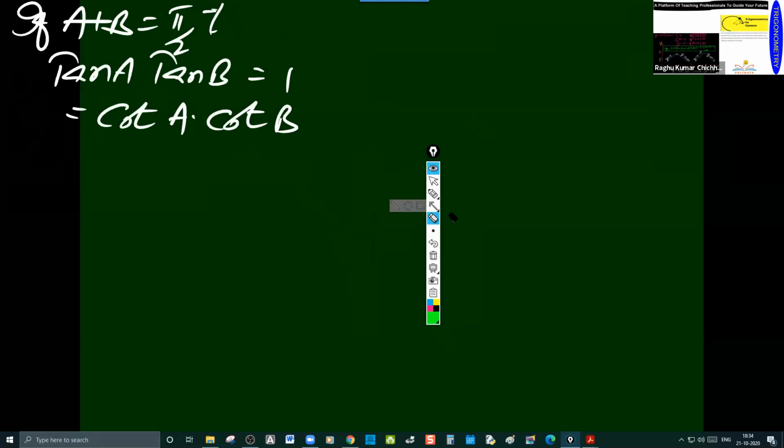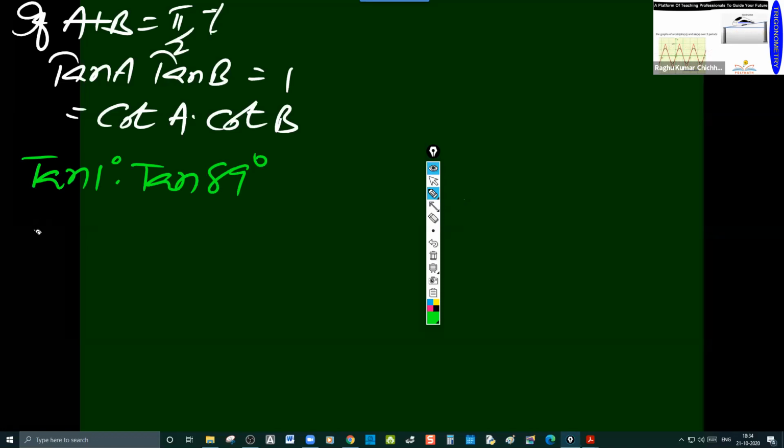See, first one, tan 1 degree into tan 89 degrees. Tan 2 degrees into tan 88 degrees.